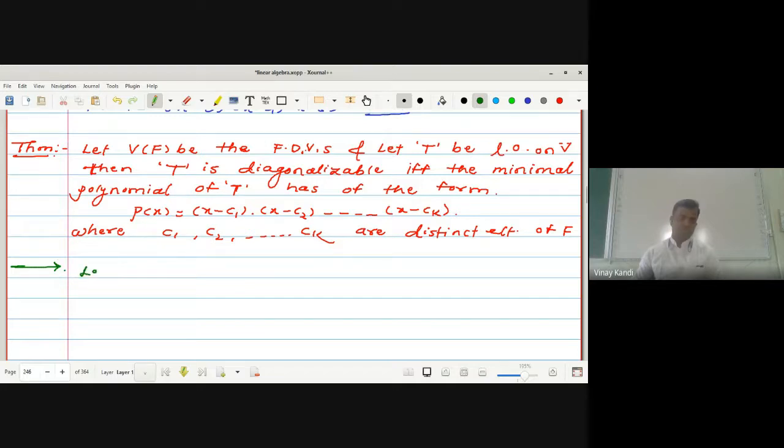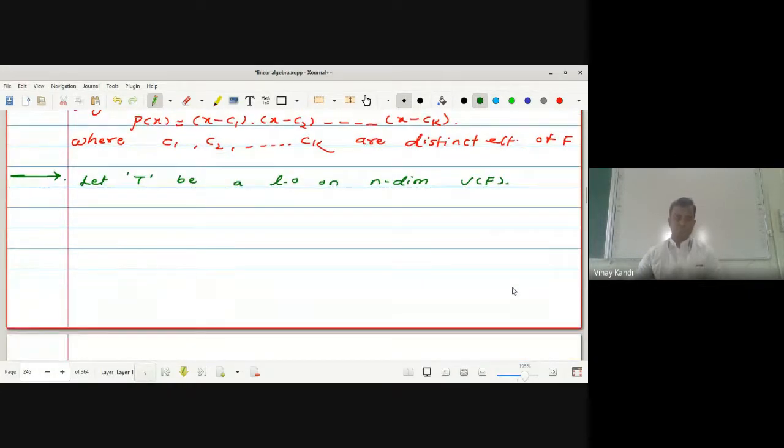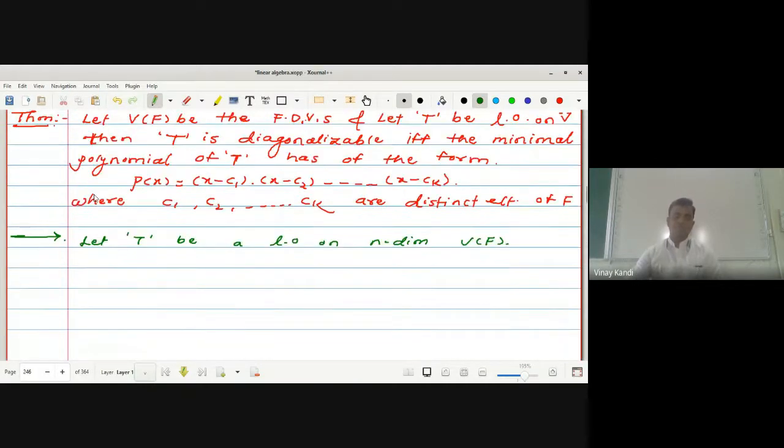Let T be a linear operator on an n-dimensional vector space V over F, and assume that T is diagonalizable. We have to show that the minimal polynomial for T, p(x), is of the form (x minus c1)(x minus c2) up to (x minus ck).